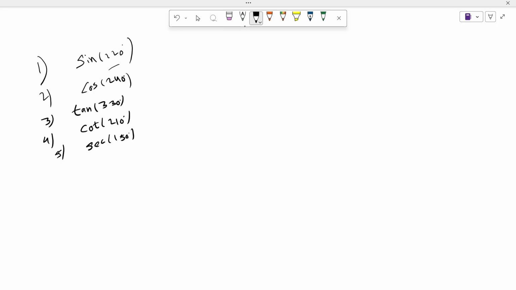Now let us begin how to calculate sine 120. Sine of 120 is the given question. First locate this 120. In which quadrant is it falling? It is falling in the second quadrant.